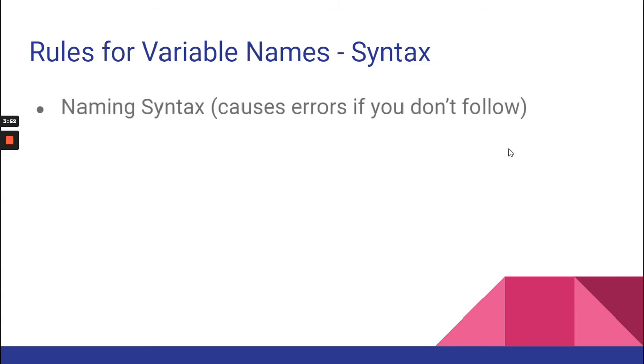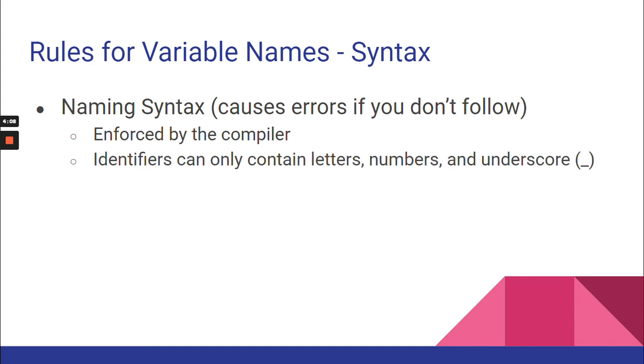When you're giving it a name, there's a syntax that the compiler, Visual Studio, enforces. The C# programming language enforces this particular naming syntax. It can only contain letters, numbers, and underscores.